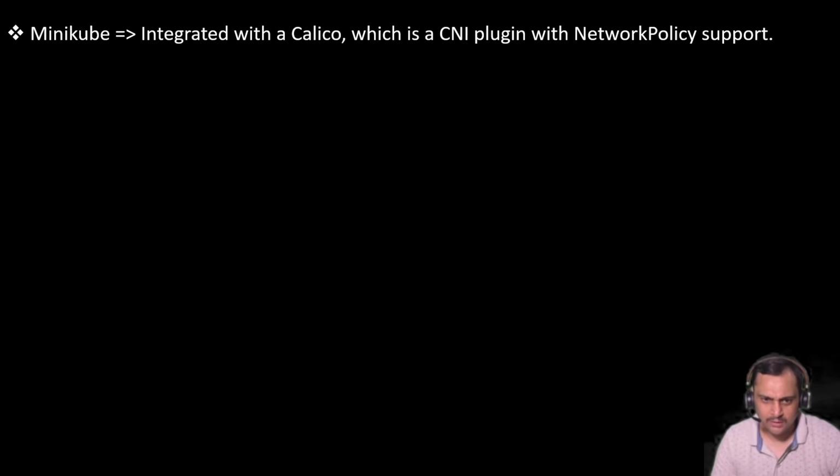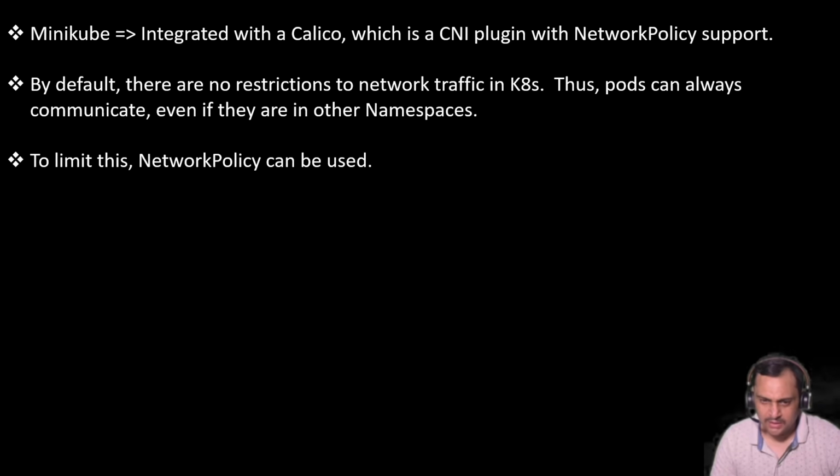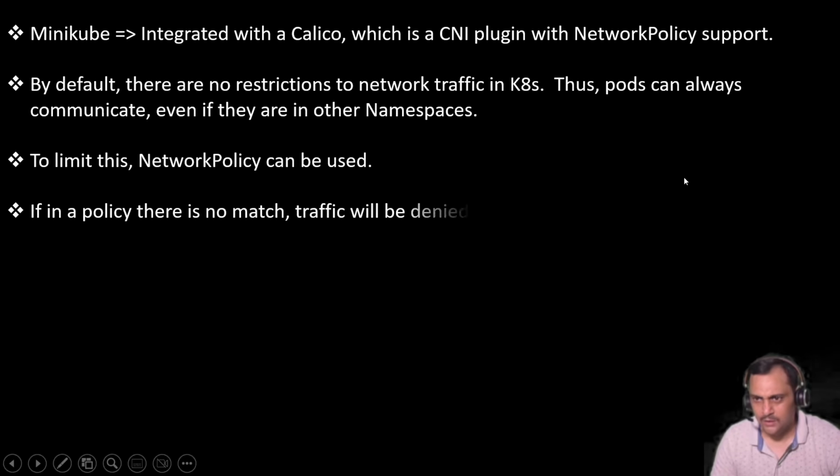Let's move forward. Minikube is integrated with Calico, which is a CNI plugin with network policy support. By default, there are no restrictions on network traffic in Kubernetes. Thus, pods can always communicate even if they are in other namespaces. Or we can say that if no network policies are used, all traffic is allowed. To limit this, network policy can be used.